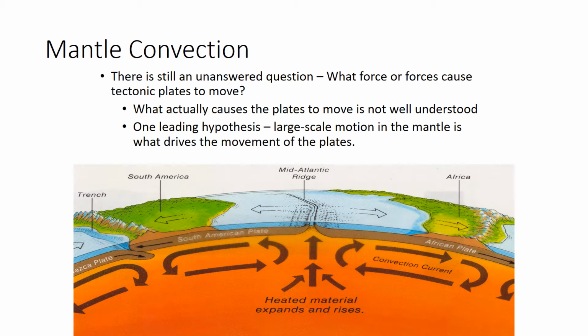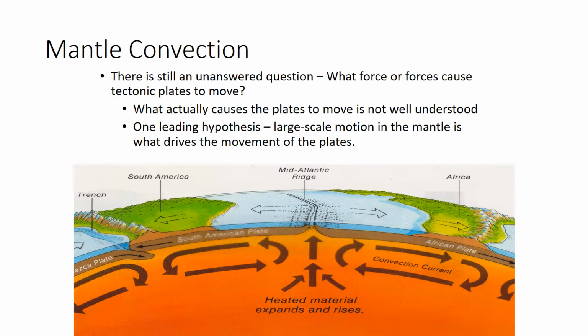So the main force of movement is called mantle convection. This is still somewhat of an unanswered question because we can't actually measure it. So the best hypothesis we have is mantle convection.